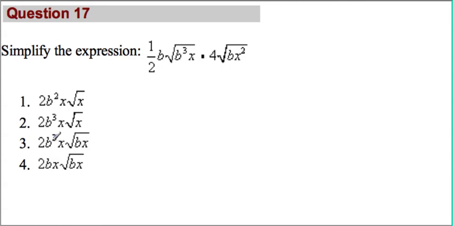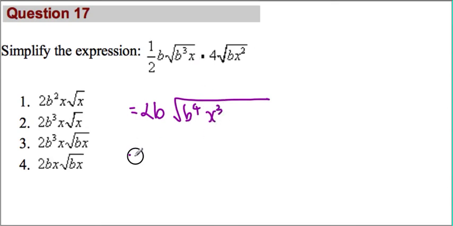Number 17, same idea as before. So 1/2 times 4 becomes 2, as you can see, and then b, that's what we have on the outside. b squared, and b to the third power times b becomes b to the fourth power, and x times x squared becomes x to the third power.